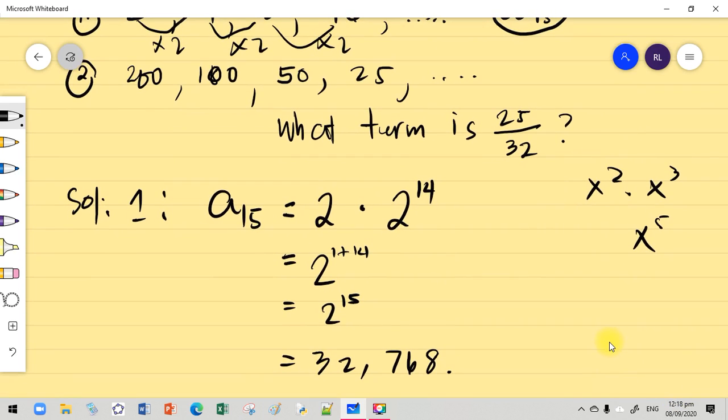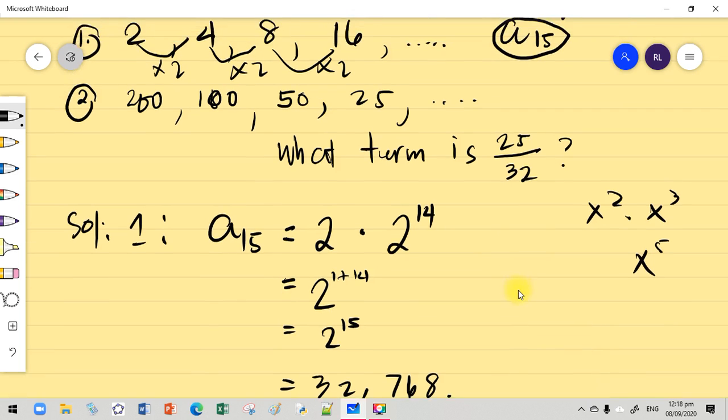So our number 2 problem is the sequence 200, then 100, then 50, 25. If we continue that geometric sequence, what term is 25 over 32? This is a little bit different problem, but let's check if this is really a geometric sequence. From 200 to 100, that's like division by 2.